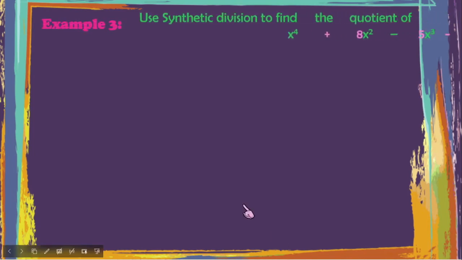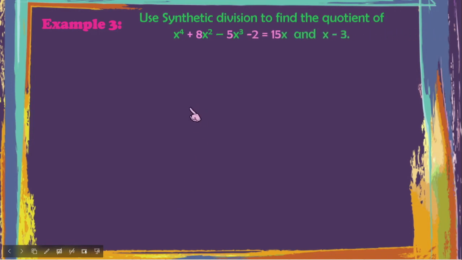Another example. So find the quotient of x to the fourth plus 8x squared minus 5x cubed minus 2 plus 15x and x minus 3. So this should be plus 15x.